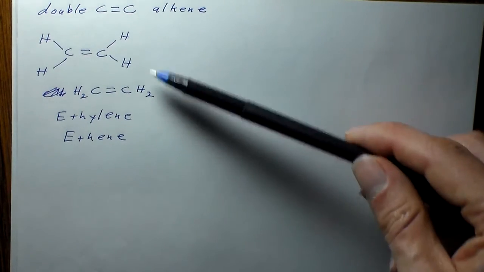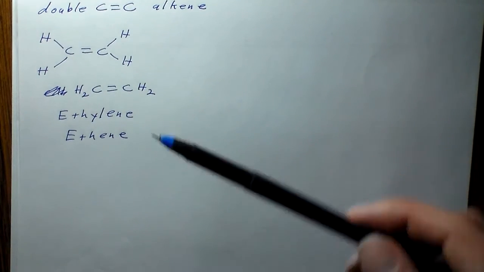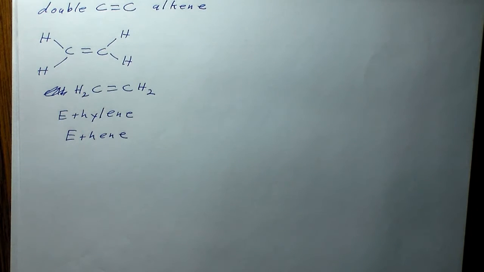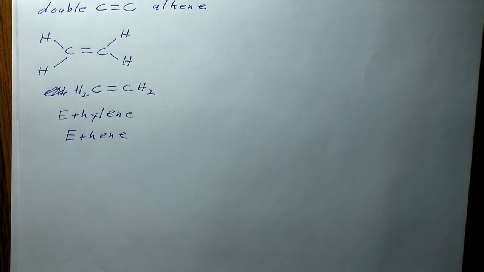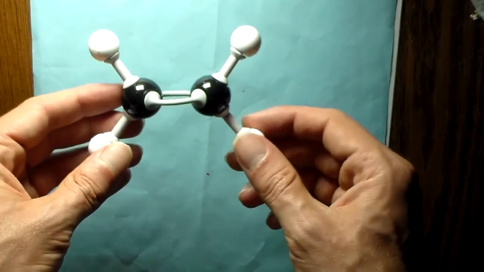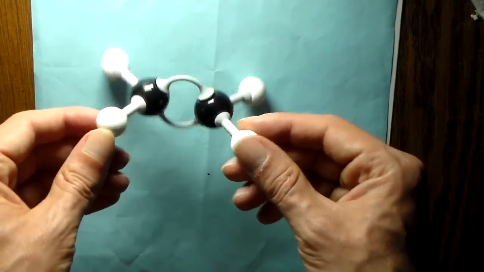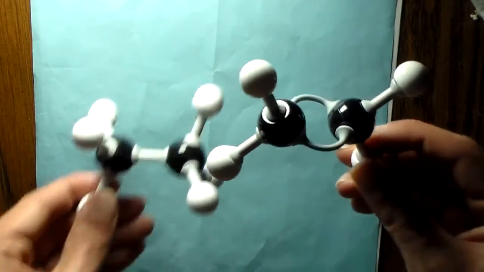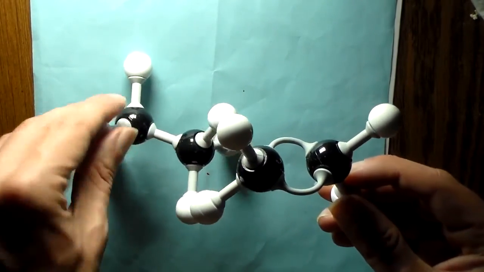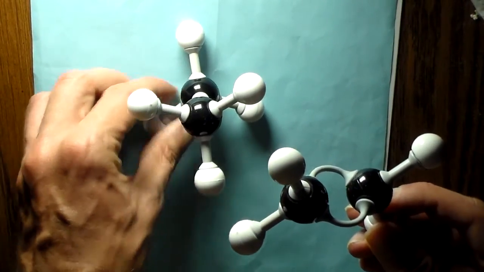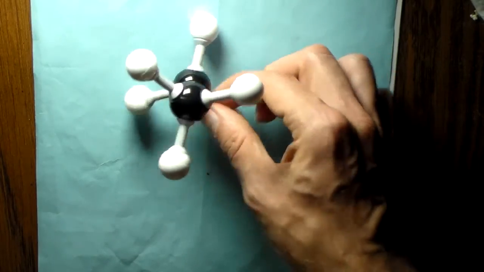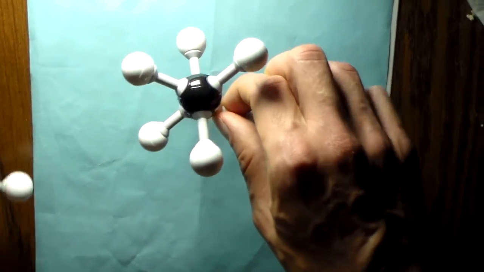Now, an interesting thing about these double bonds is that they are not very flexible, meaning that if you have a molecule like this, it does not start rotating around it. And here we have an ethylene molecule, and you'll notice the difference compared to the ethane molecule that we had earlier. See, this ethane molecule could rotate around, right?